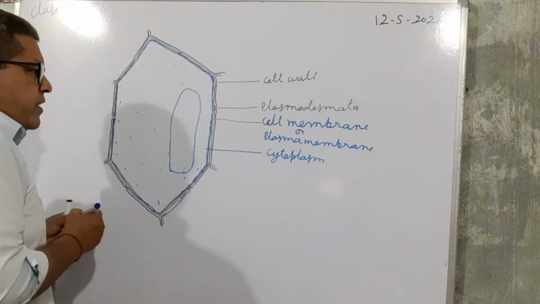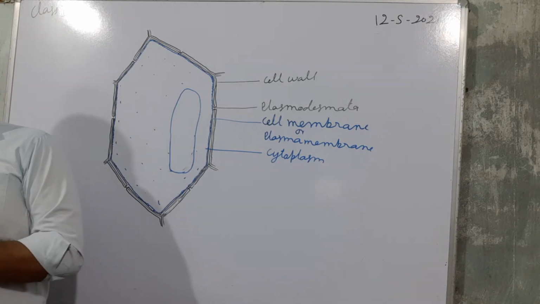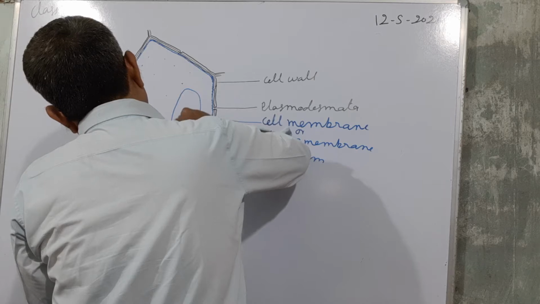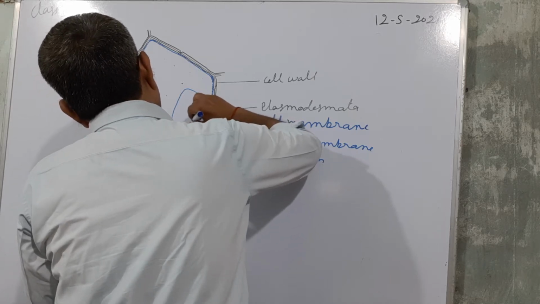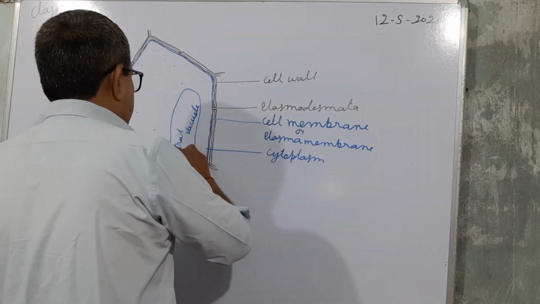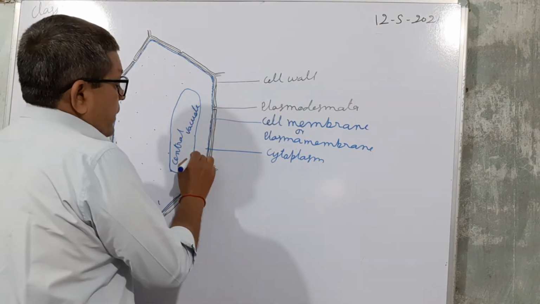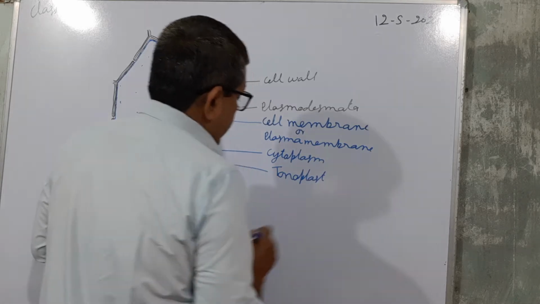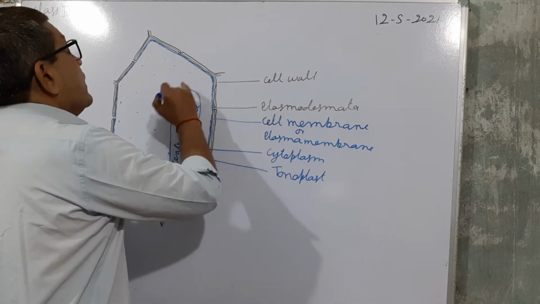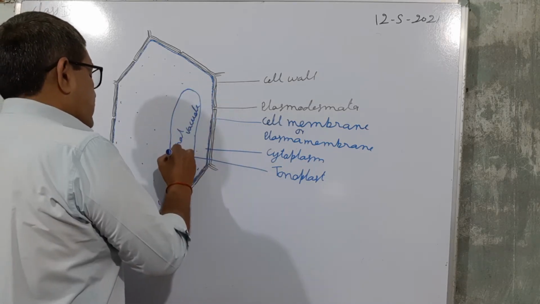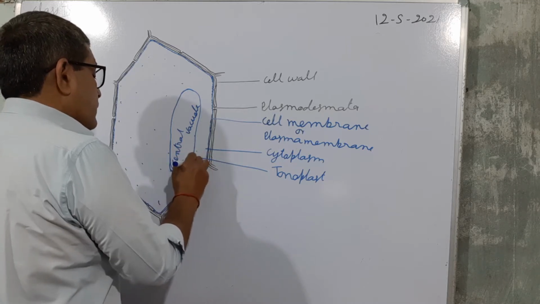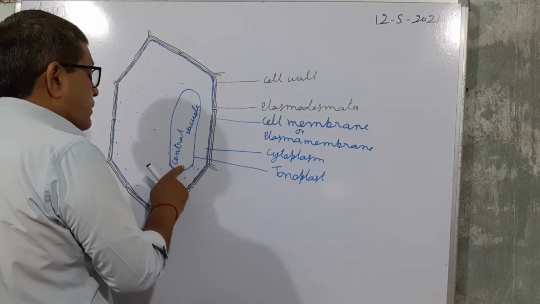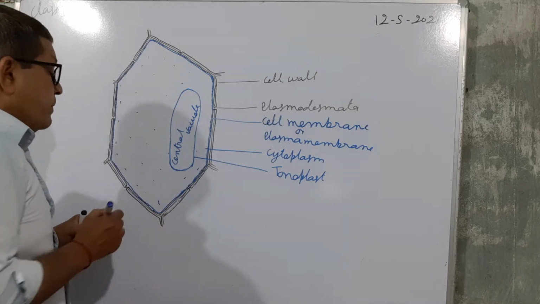This structure is called the central vacuole, and its boundary is called the tonoplast.